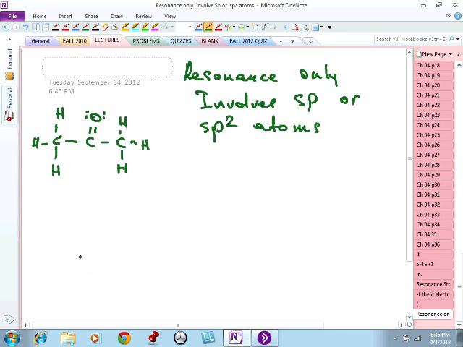So therefore, supposing I have this molecule here. Supposing I draw that molecule for you. I want you to give me at least 4 resonance structures from this molecule. 4 resonance structures.